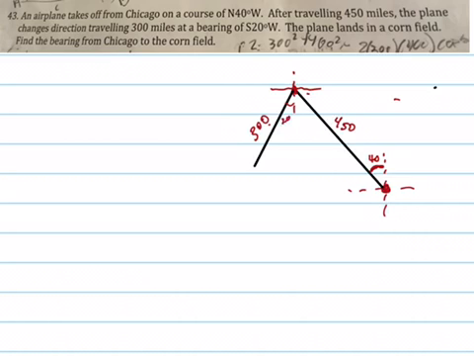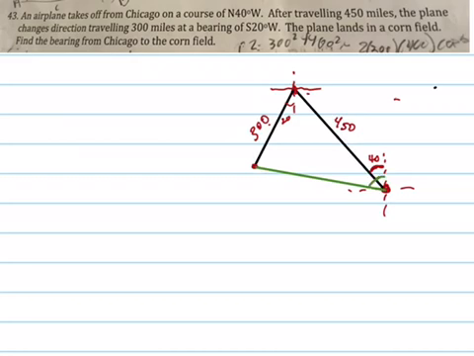So they want us to know the bearing from Chicago to the cornfield. Here's your cornfield. So there's Chicago, there's the cornfield. They want that bearing, which is this total angle right there.